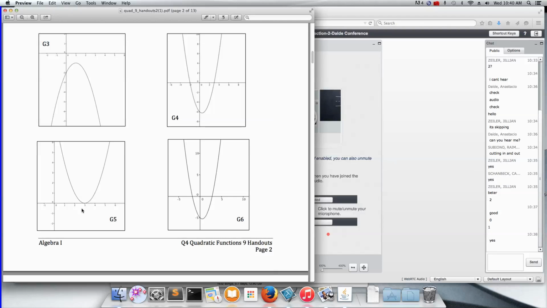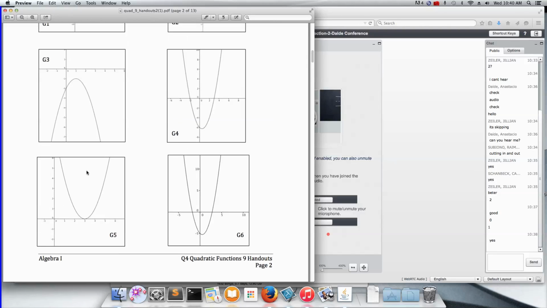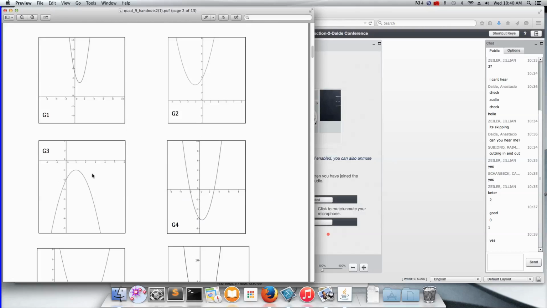All right. So there are also other possibilities. Let's look at graph 1, 2, and 3. How many times do those graphs touch the x-axis? Zero times.